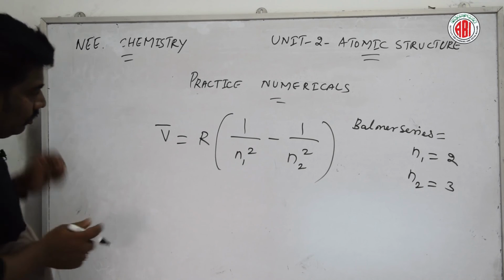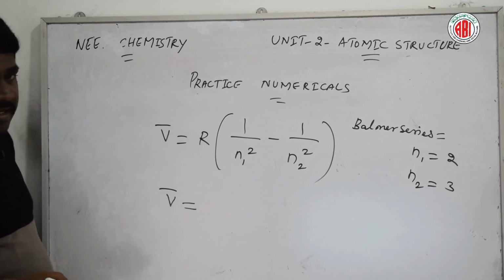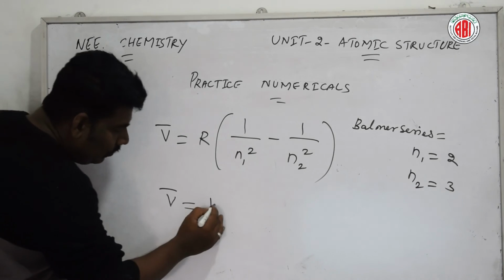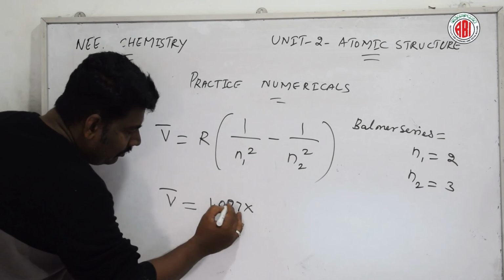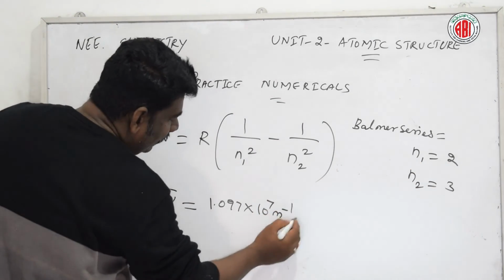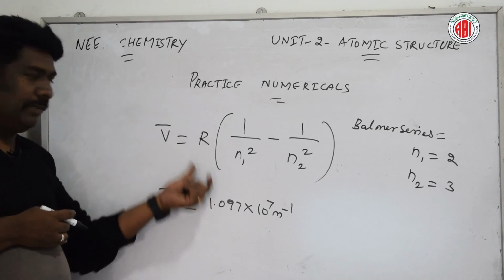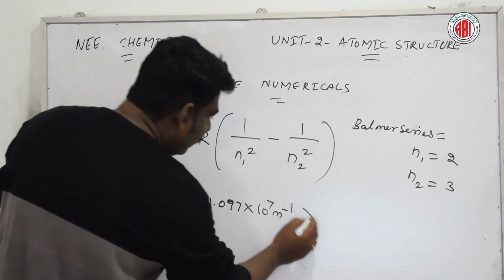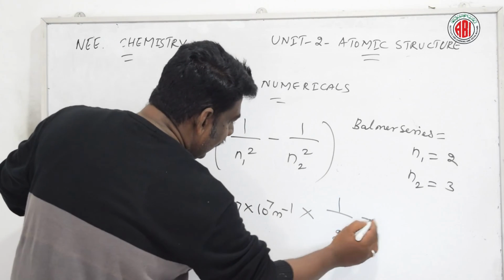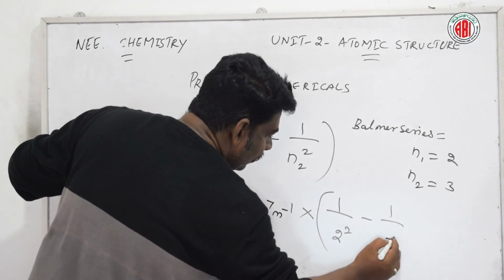Here the wave number is equal to R, which is nothing but the Rydberg constant. The Rydberg constant is 1.097 into 10 to the power of 7 per meter, into 1 by n1 value, that is 2, so 1 by 2 square, minus n2 value, that is 3, so 1 by 3 square.